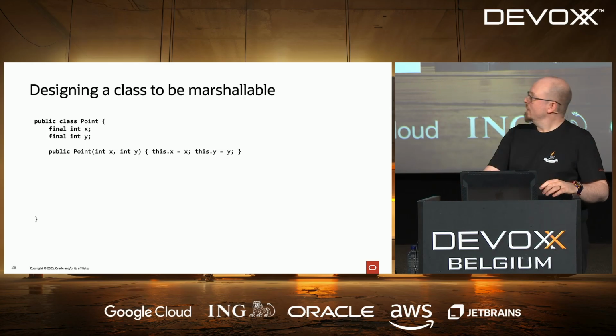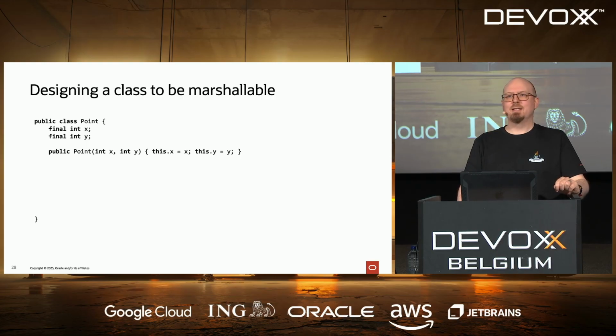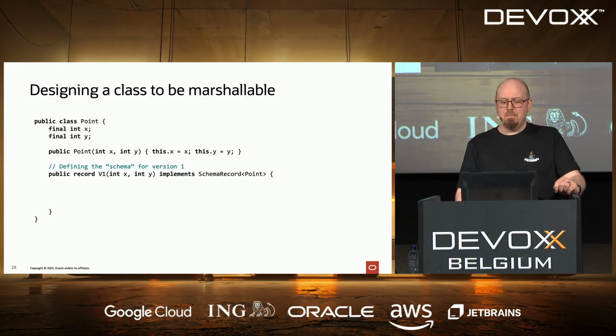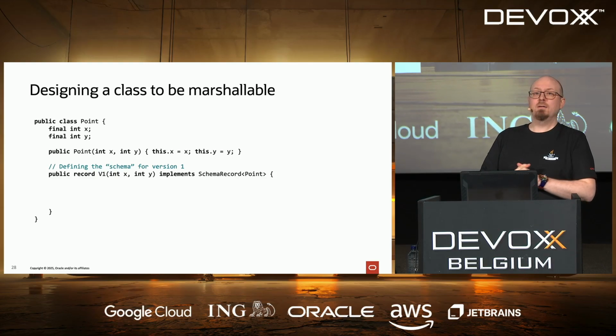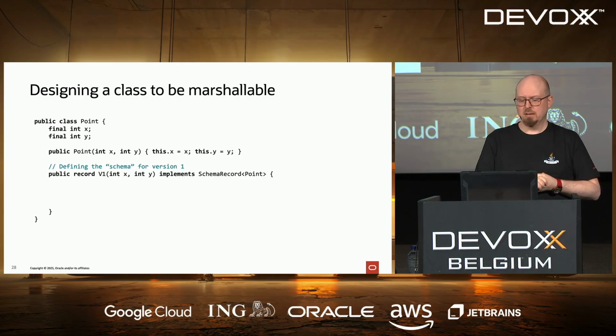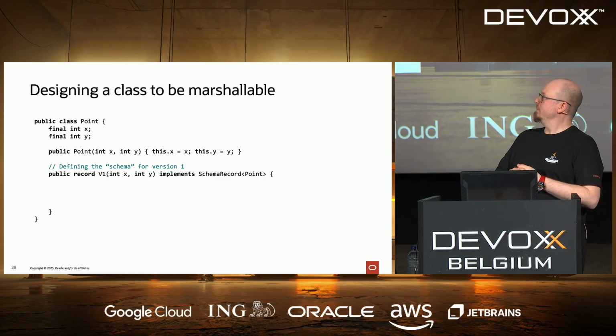So this is trying to project the point as a class instead of a record, omitting a lot of methods. And imagine that we are declaring a record internally within point. We could name it v1. Doesn't really matter, v1 is a good name, I think.